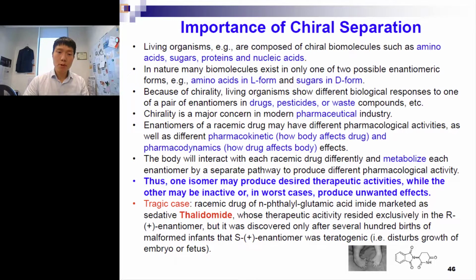It is teratogenic, meaning that some of the babies were born with limbs missing. It was so bad because it was used as a morning sickness drug for pregnant women, but they didn't know that one of the enantiomers was so harmful. So we all learn from history and from accidents. Since then, pharma companies have a huge responsibility to make sure in their testing that they separate the enantiomers.